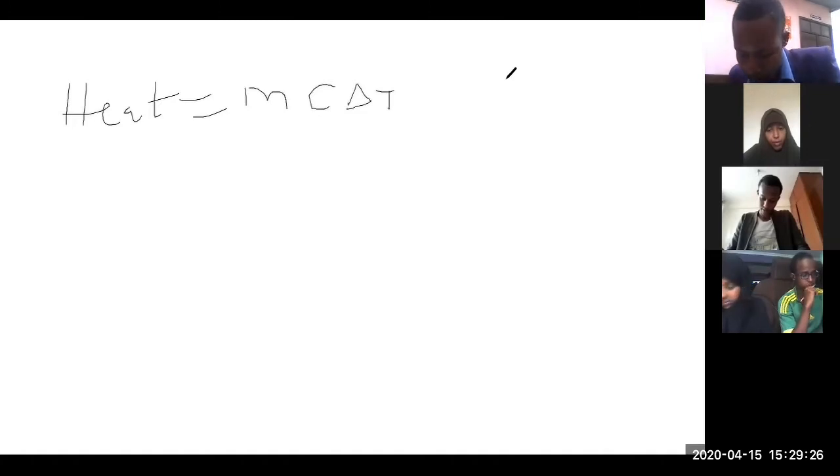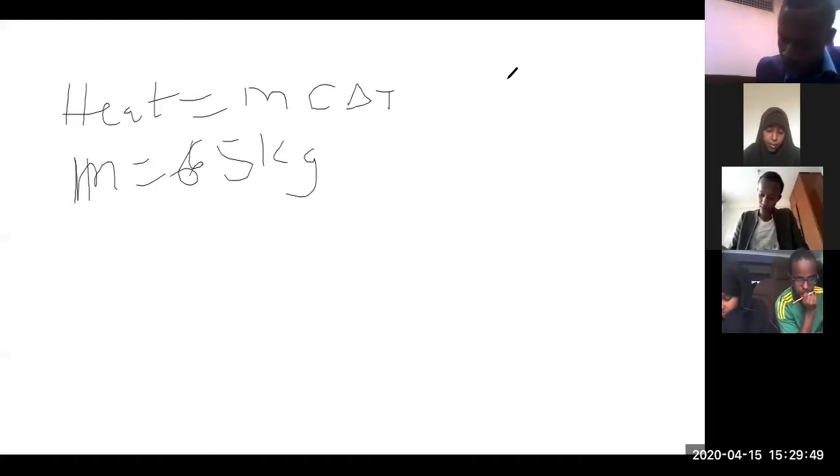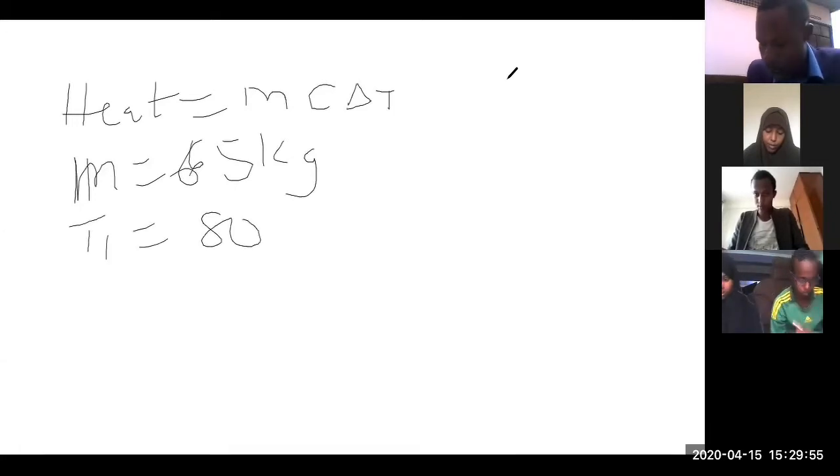Now, Kome had some water here, at a temperature of 80 degrees. She added some more water. The mass of water before she added was 5 kg, and the temperature was at 80 degrees.